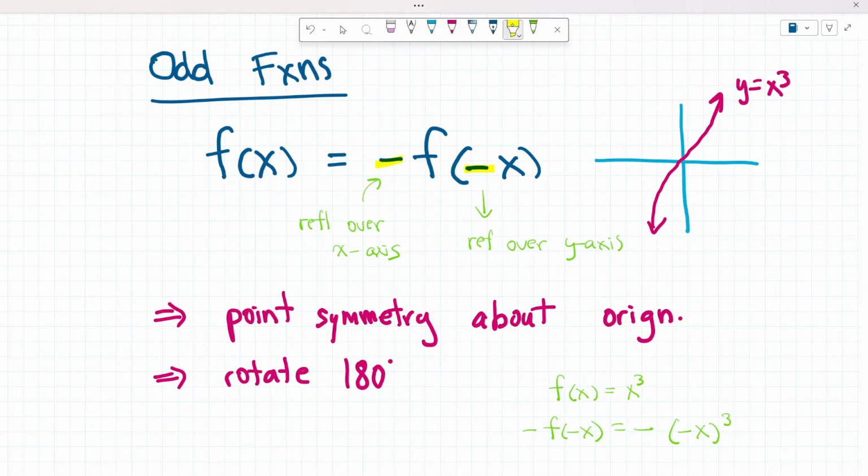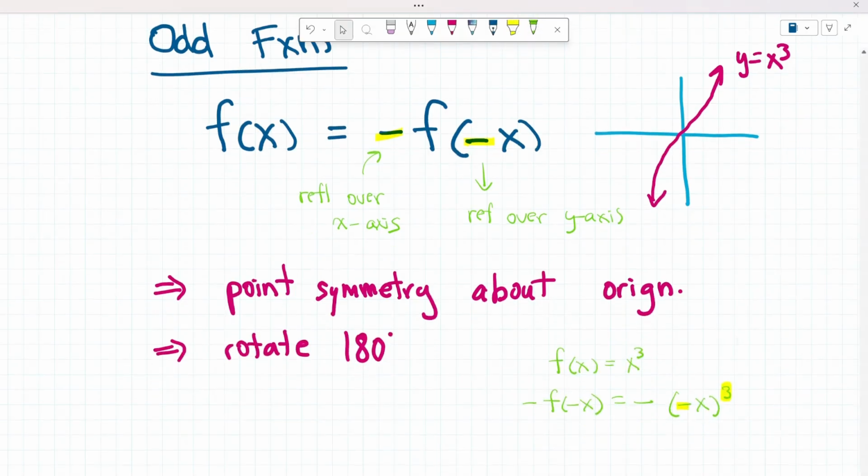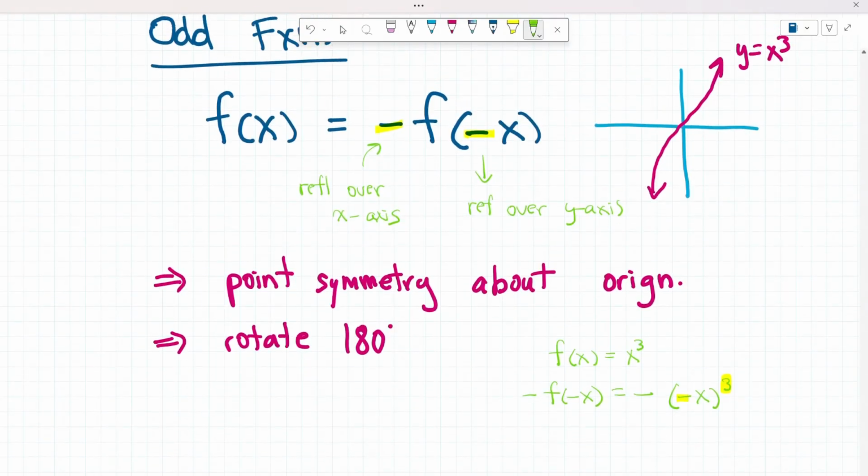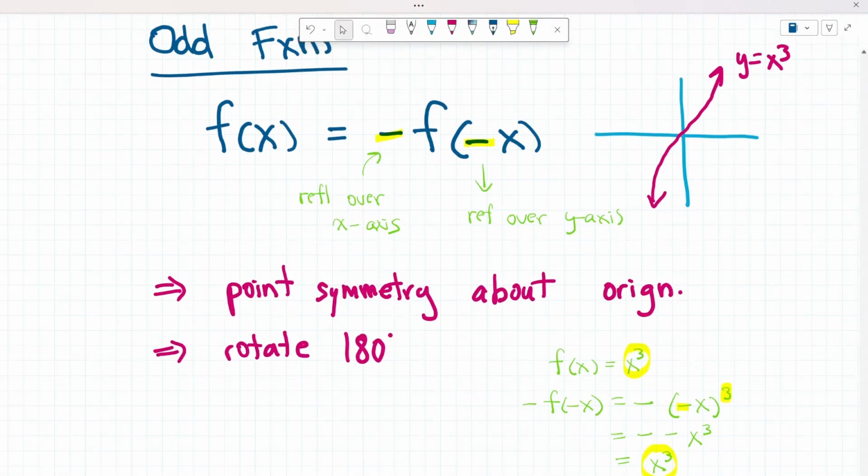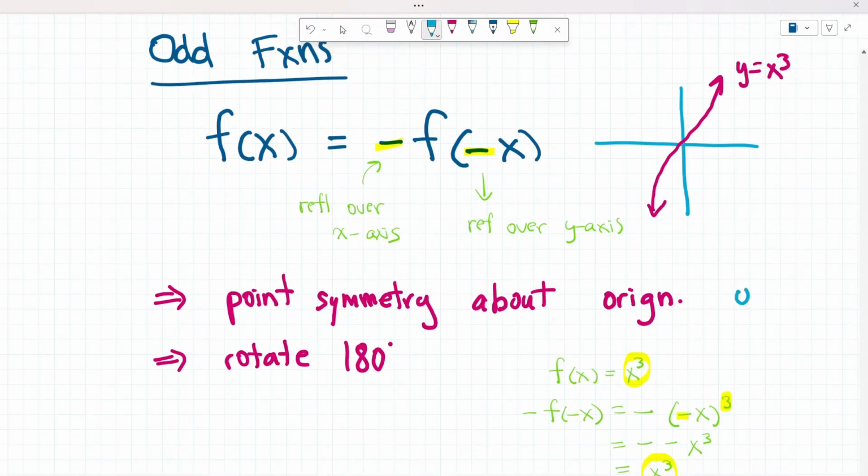So since this is an odd degree and we have a negative within the bracket, our answer is going to be negative. So this means that we have negative times negative x cubed. And these two negatives will cancel out and become positive. So then we end up with x cubed, which is the same as our original. Therefore, we've proven that it is an odd function, which is really great.